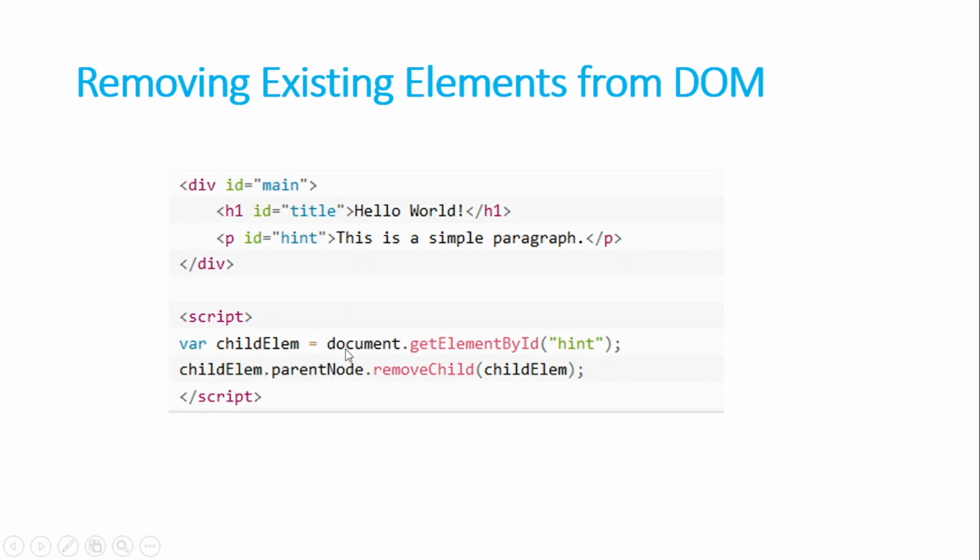Instead we are using this parentNode property, which allows us to get the parent element for this child element. So this will give you the parent element, this line, and after that we are using removeChild on that parent element to remove this child element that we want to remove. So basically this is how we can remove an existing element from a DOM.